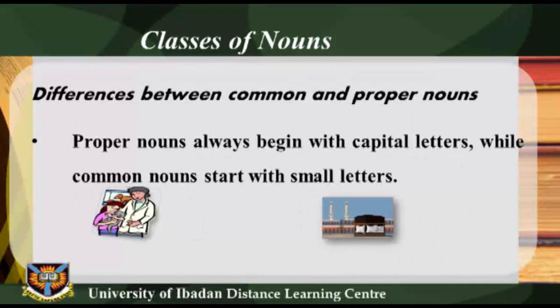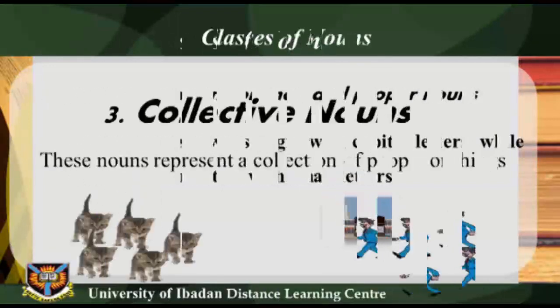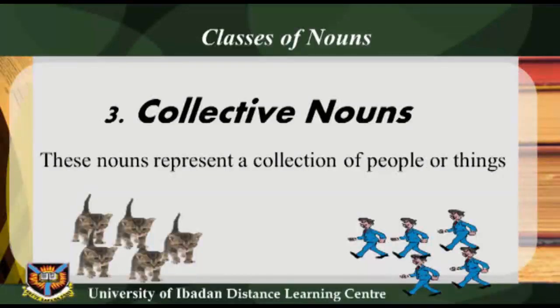To distinguish this in writing, proper nouns always begin with capital letters, while common nouns start with small letters. Collective nouns. Now you must be wondering whether words such as choir, panel, crew, audience, congregation, team, crowd, swarm, etc. are common nouns.